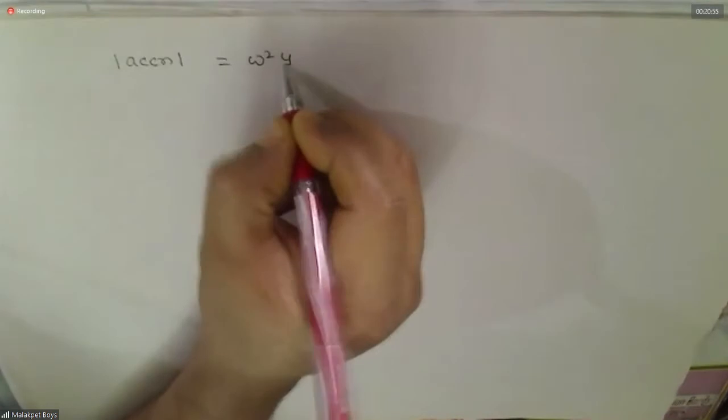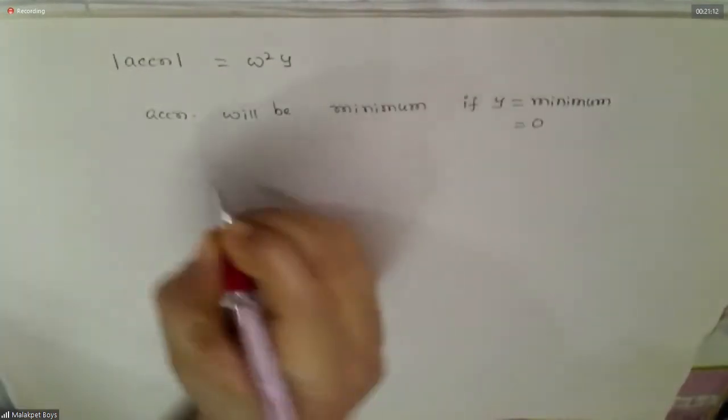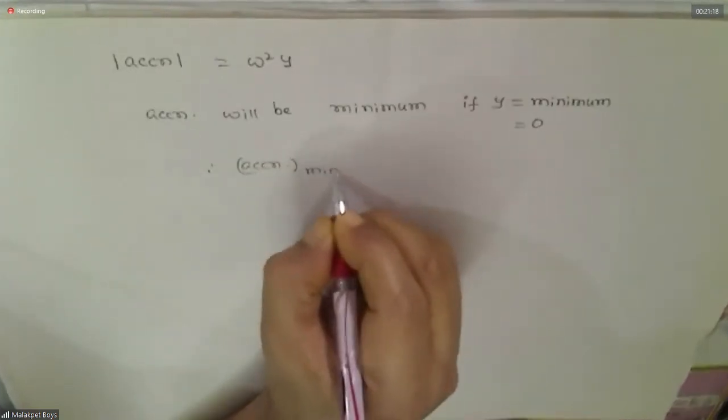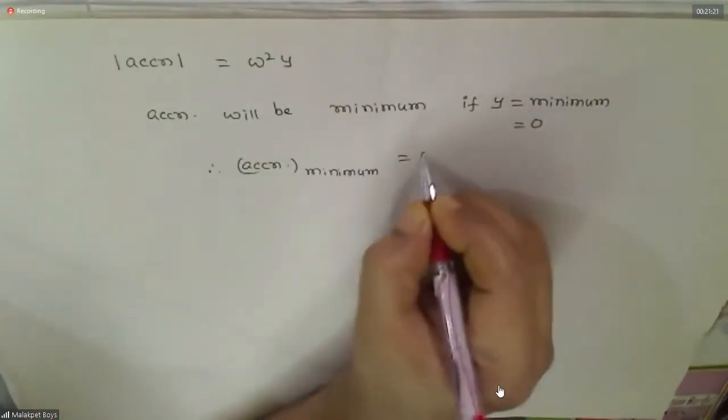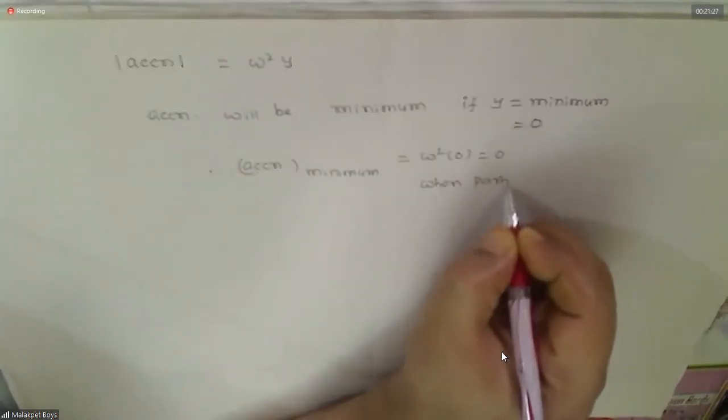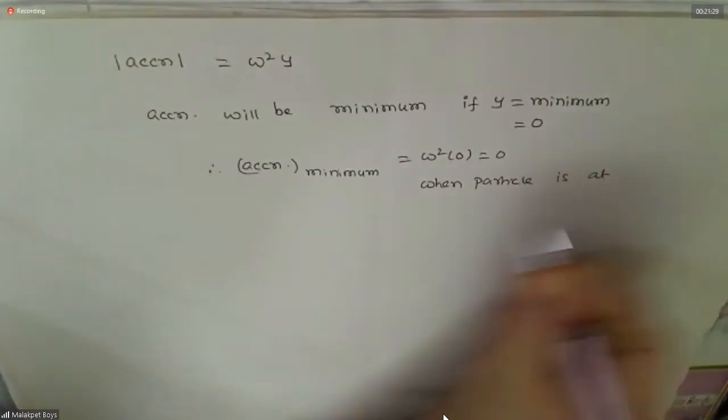Now you know that the modulus of acceleration. So acceleration will be minimum if y is minimum. What is the minimum value of y? 0, sir. Therefore, acceleration is 0 when the particle is at mean position.